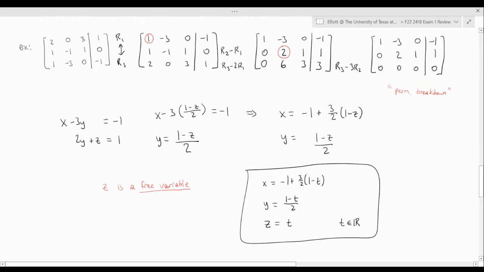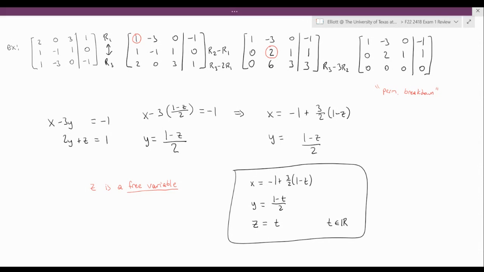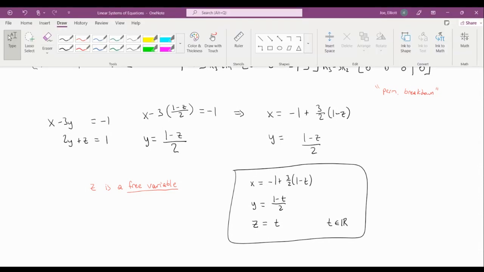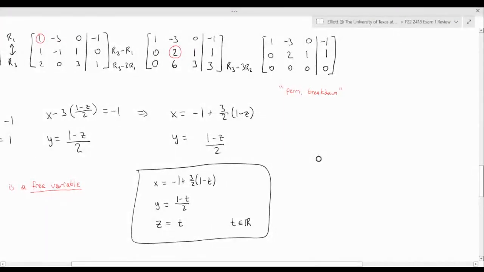Okay. Now later on in this class, as I was saying, you are going to be dealing a lot more with the situation of infinitely many solutions. You're probably going to see that more than the other two cases for the rest of the semester after this first exam. I will say that there is a convention that is useful to follow for some of the things you're going to be doing later. So I'll go ahead and mention what this convention is, as a heads up for the future.